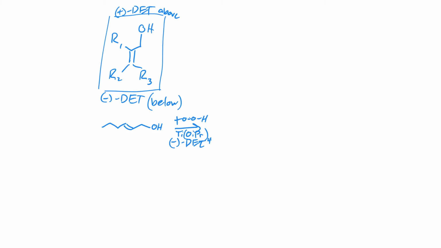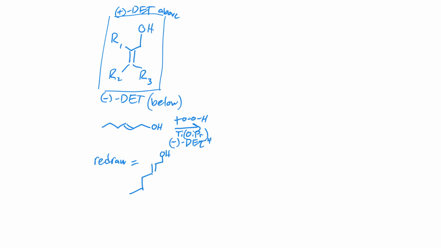So what I'm going to do then is to redraw my allylic alcohol so that the alkene is oriented in the same fashion as this alkene, and my allylic portion, the alcohol portion, is in the upper right orientation. So let's see, that's going to look like this here. And then I have 3 carbons that way.